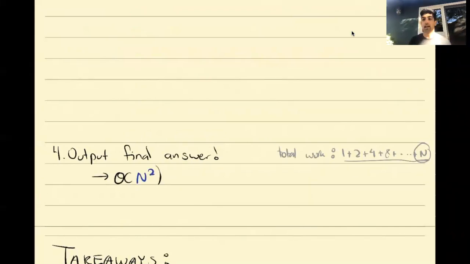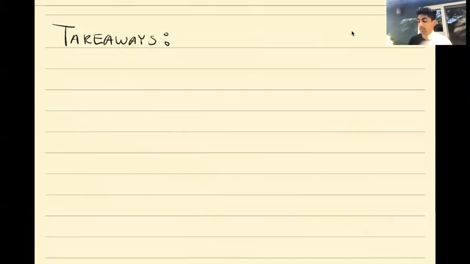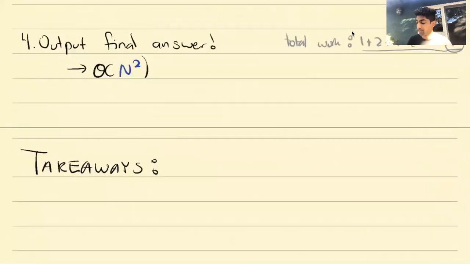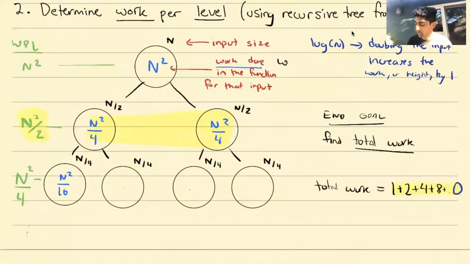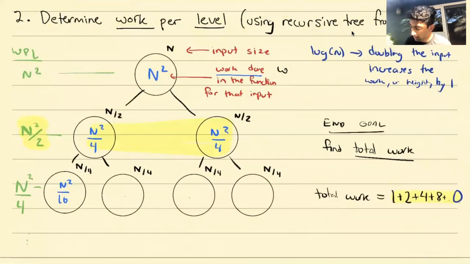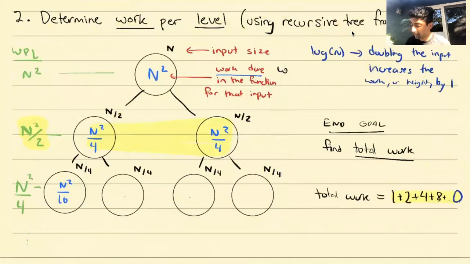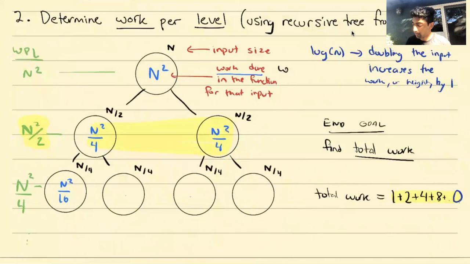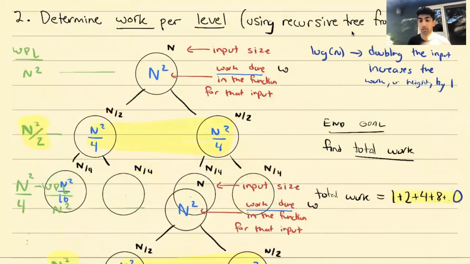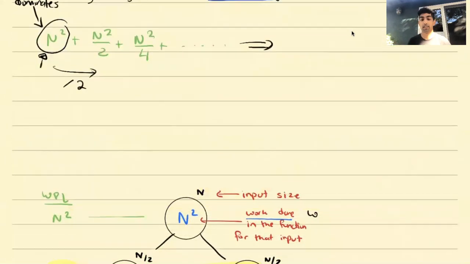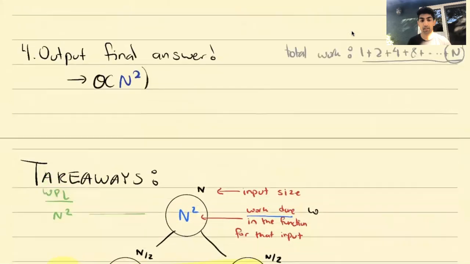Okay? And the last thing I want to conclude on are some takeaways here. Okay? So looking at this recursive tree, there's some cool things we can take away. And this is not completely needed for solving these problems in the future, but I think it's fun to understand and fun to notice.